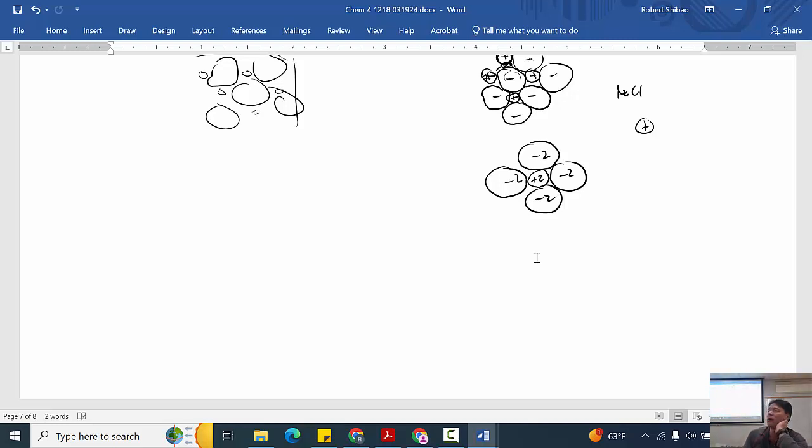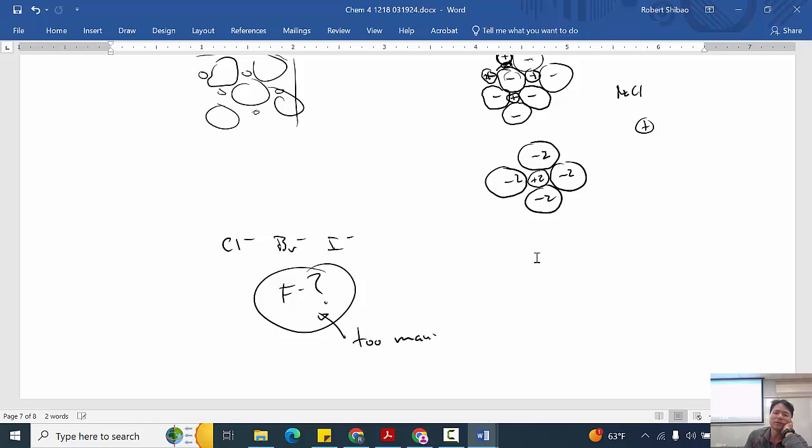So this brings up a question. How come fluoride? When I do this, chloride, bromide, iodide, but what happened to fluoride? The reason fluoride is left off there are too many exceptions. So if you want to know the fluoride solubility, look it up on Wikipedia.